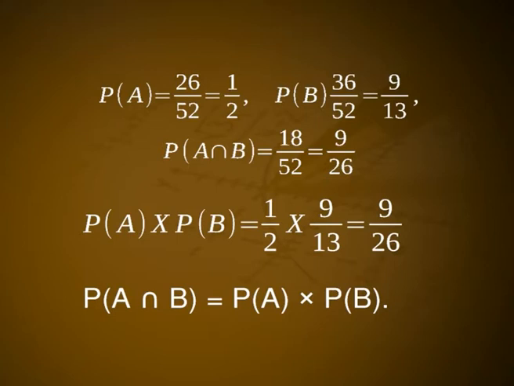Now, P of A into P of B equals 1 by 2 into 9 by 13 equals 9 by 26. Here, P of A intersection B equals P of A into P of B. So, A and B are independent events.